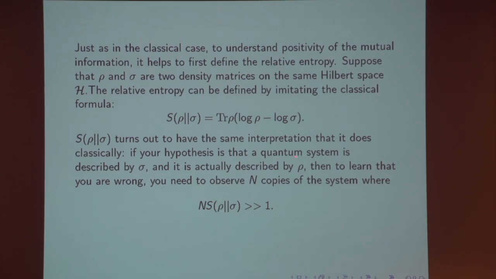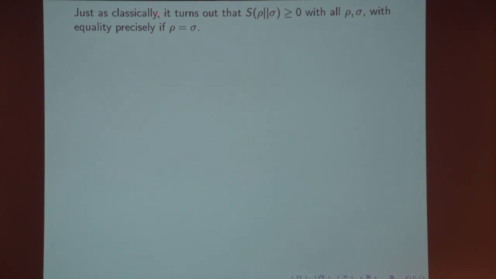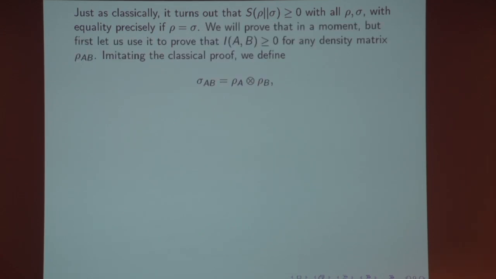If your hypothesis is that a quantum system is defined by sigma, but it's actually described by rho, then to learn you're wrong, you need to observe n copies, where n times the relative entropy is large. So we'll possibly have time for that, but otherwise I'll refer you to the written version of the talk. Just as classically, it turns out that the relative entropy is always non-negative. So we'll prove that in a moment, but first we'll use it to prove that the mutual information is non-negative.